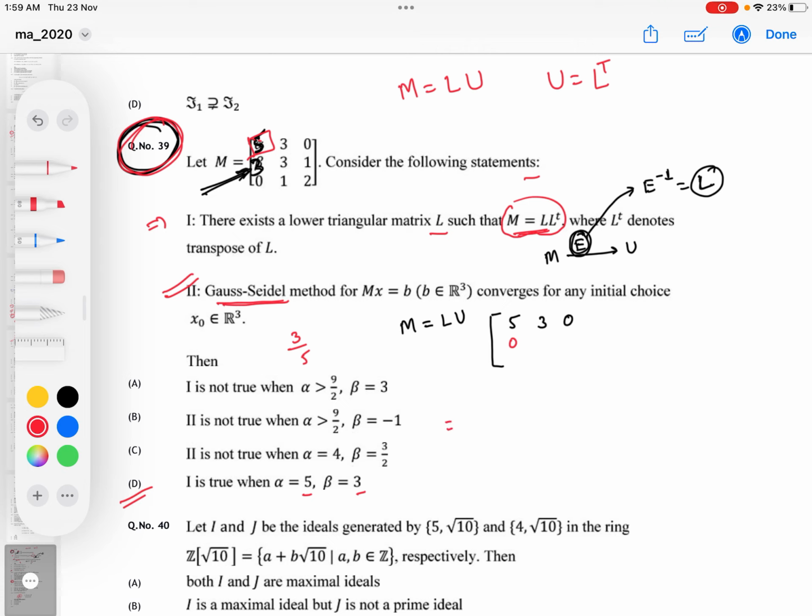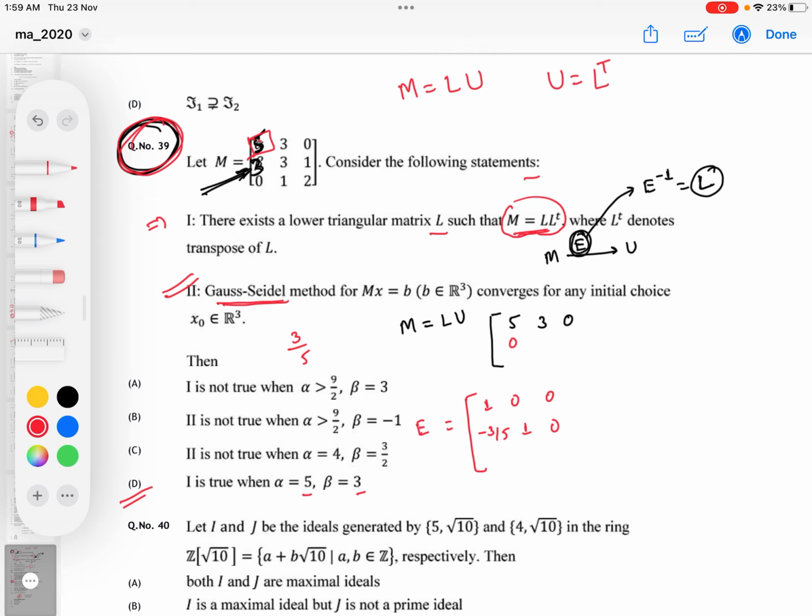Yes. So the elimination matrix will be: we have kept the first row as it is, and what we are doing is multiplying the first row by 3 by 5 and subtracting it from row 2. So it will be minus 3 by 5 here, 1, 0.